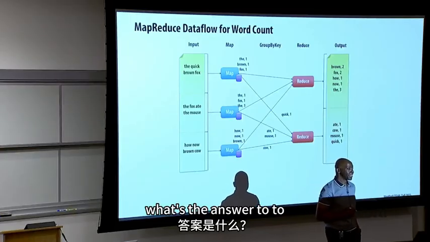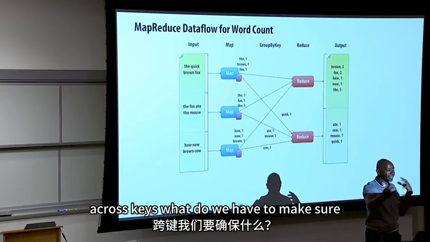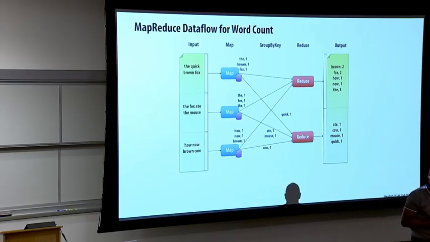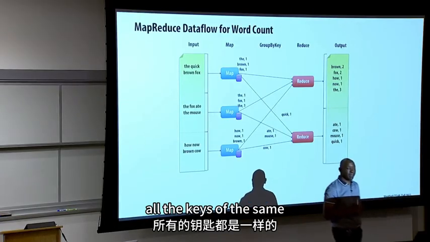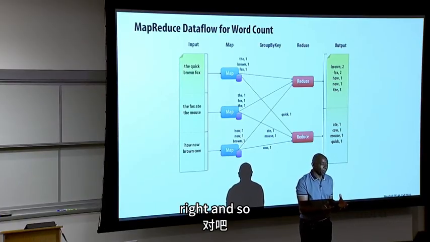What do we have to make sure happens in order for the reduction to be correct? All the keys of the same value have to go to the same reducer task.